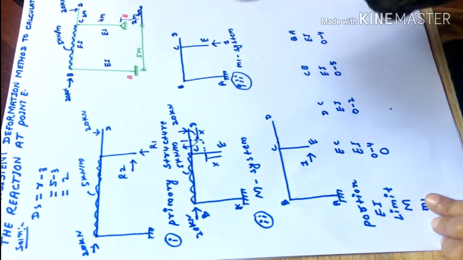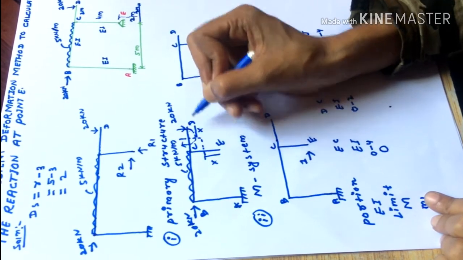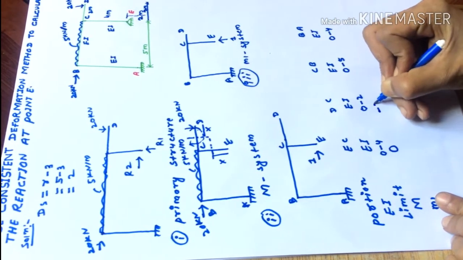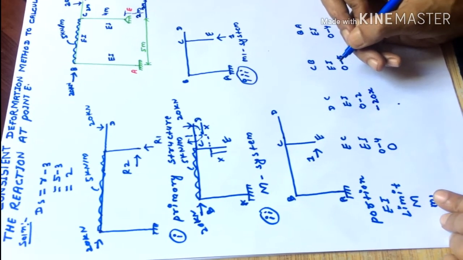So in portion CD we get 20 into the perpendicular distance X, that is minus 20X, the moment in a clockwise direction.